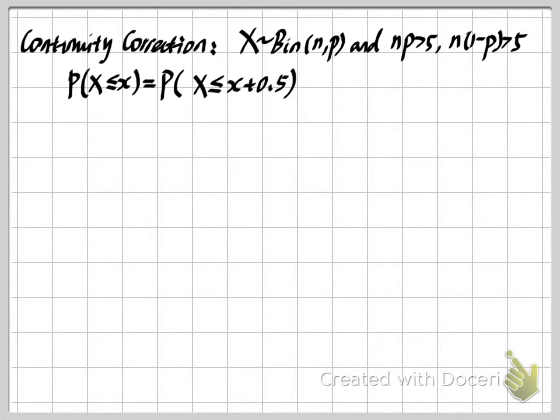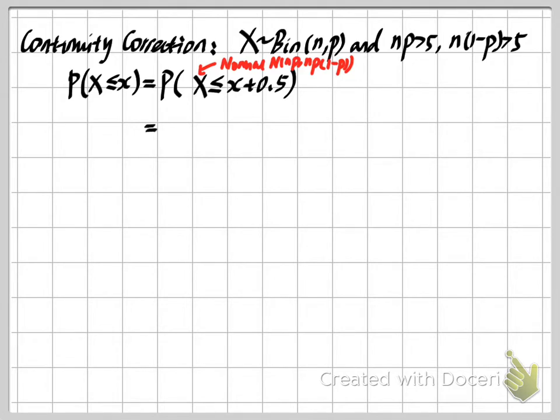But when we want to approximate this with a normal random variable, I assume X is approximated by a normal random variable with mean np and variance np(1 minus p). To compute a CDF of a normal random variable, we should use standardization.